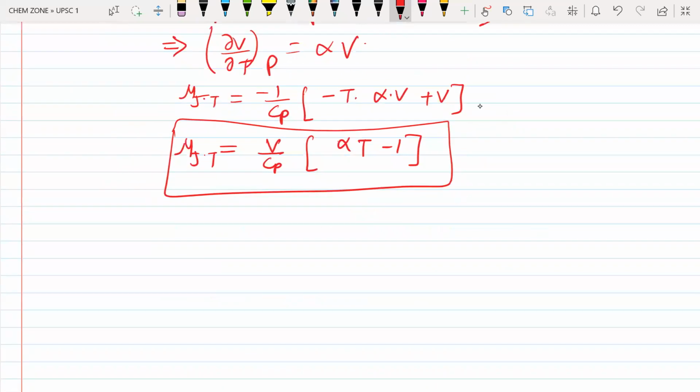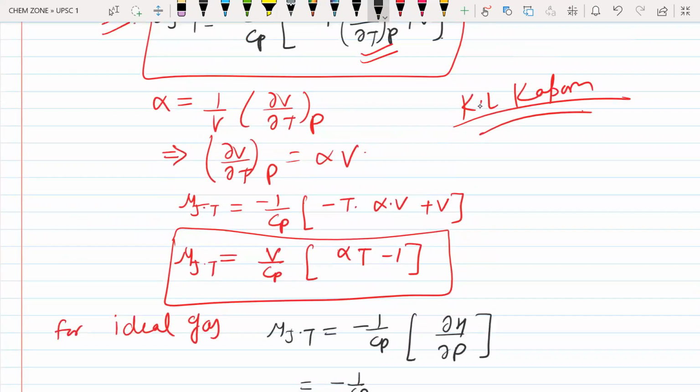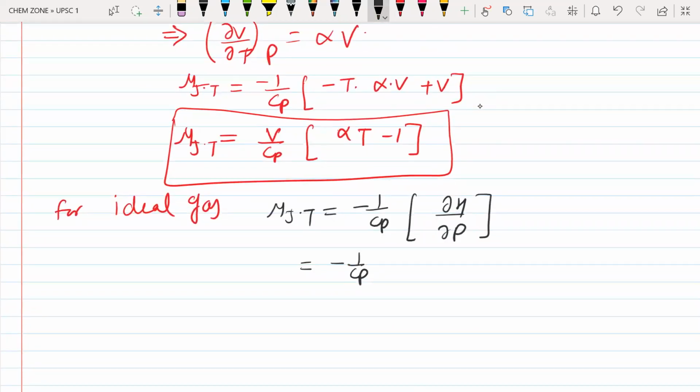Now, although this experiment is done with the real gas, if we are talking about the ideal gas, see what happens. Although we can also prove by using those equations, sometimes they can ask a separate proof for that. So I'm doing in a different way.